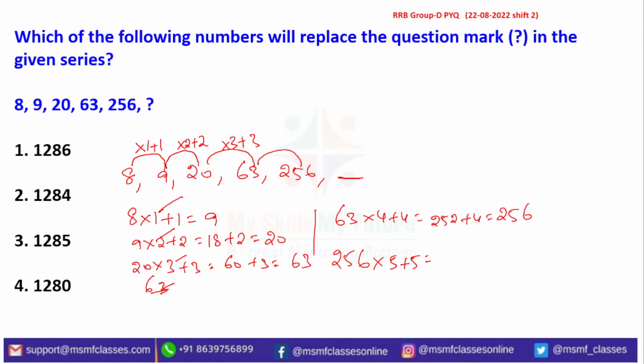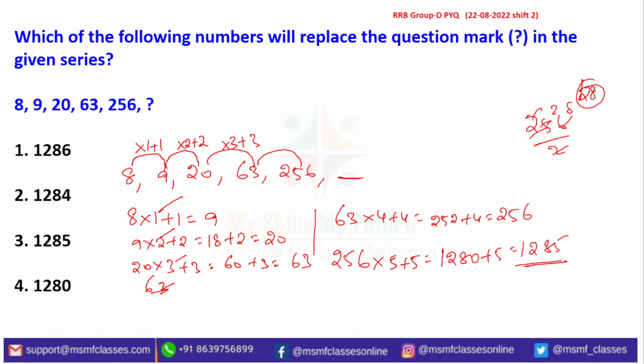256 by 2 is 128. So 128 into 10 is 1280, plus 5, we get 1285.